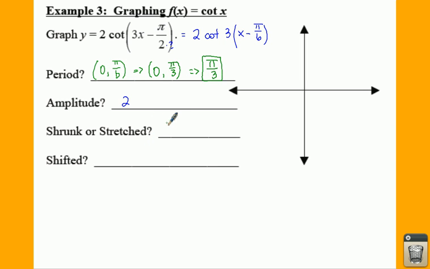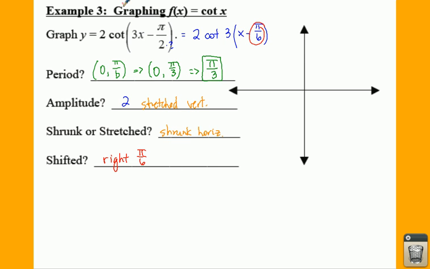It's stretched vertically because of your amplitude, so that means we're going to have a vertical stretch. And it's also shrunk horizontally because of the period. Now, is it shifted? Yes, it's going to be shifted by this amount right here, pi over 6 to the right.